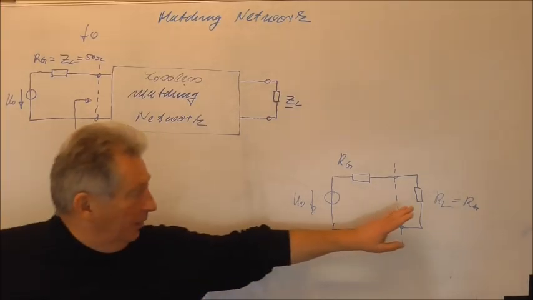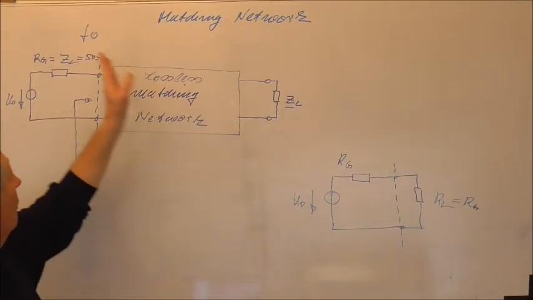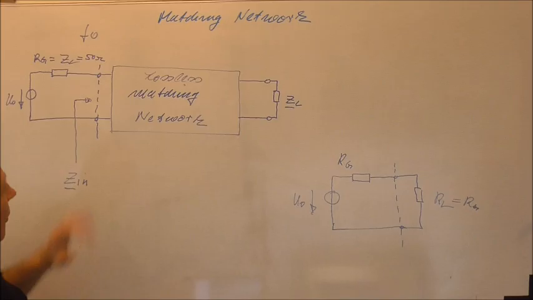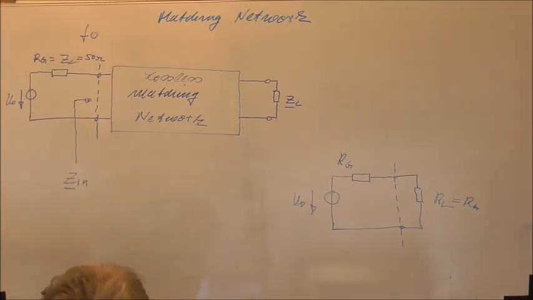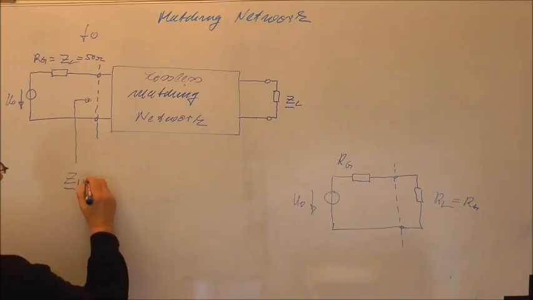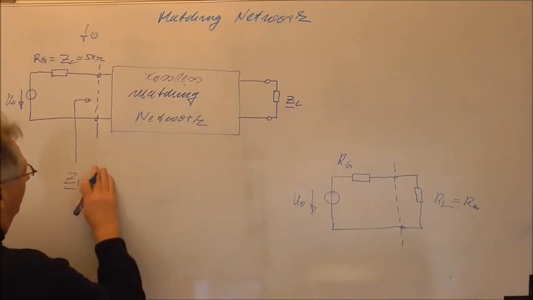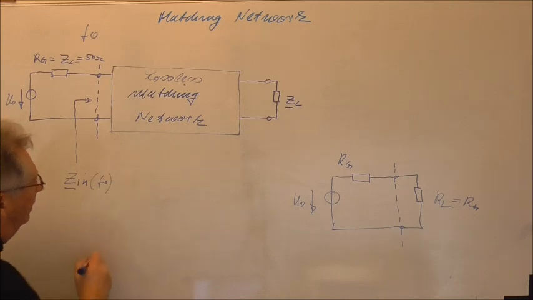Now you already solved this problem, so you can now also tell me how to solve this problem, but what must be the property of the input impedance then? Equal to Z log. At F naught.